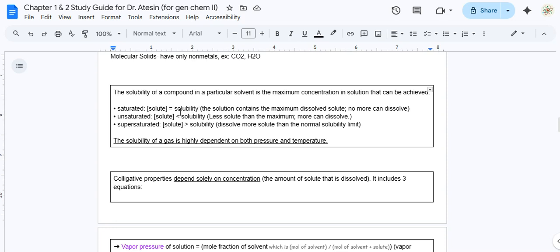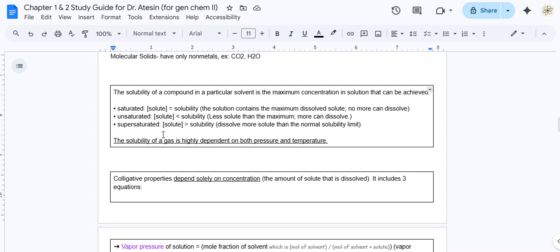When the concentration of a solute is less than its solubility, and there's more solute that can be dissolved in the solution, this is called an unsaturated solution.